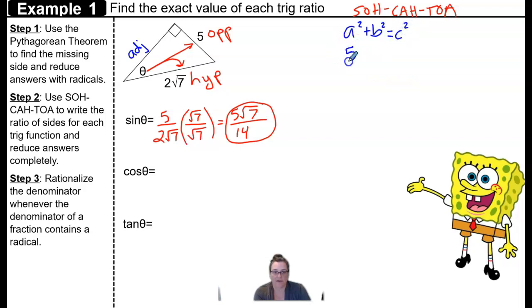So we'll have 5 squared plus b squared is equal to the quantity 2 square root of 7 squared. 5 squared is 25.